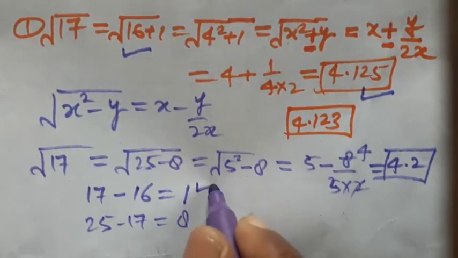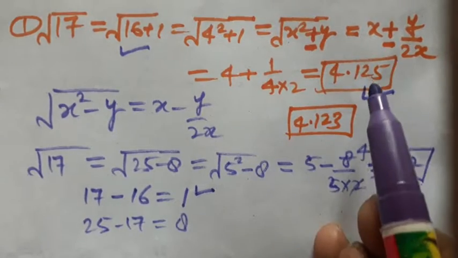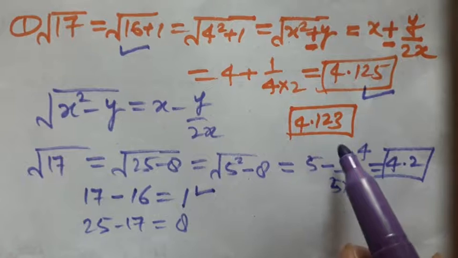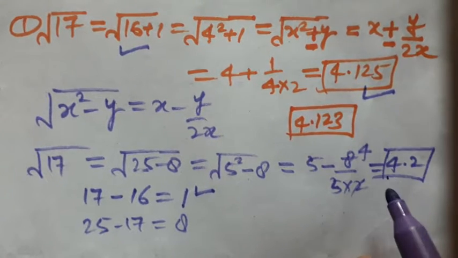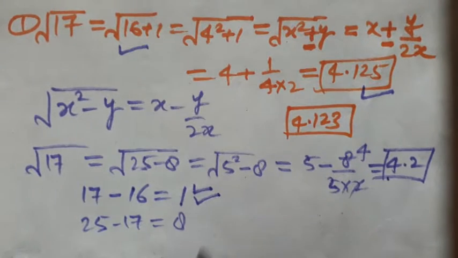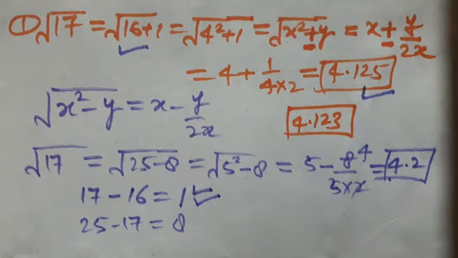So when the gap is minimum, the answer is nearest, and when the gap is maximum, the answer is farthest. So we always opt for the minimum gap. Okay, let's take some more examples.